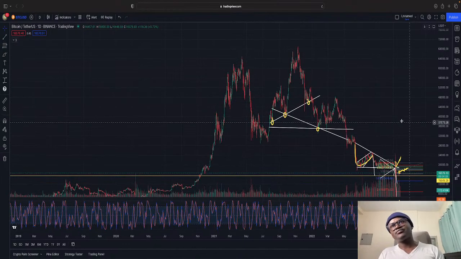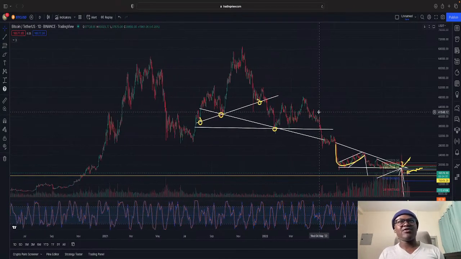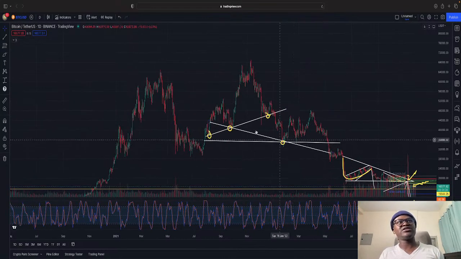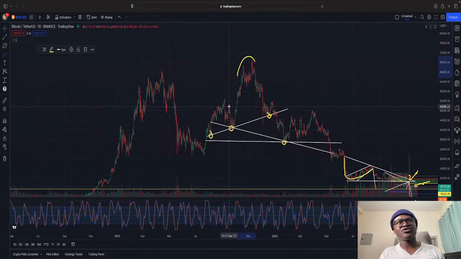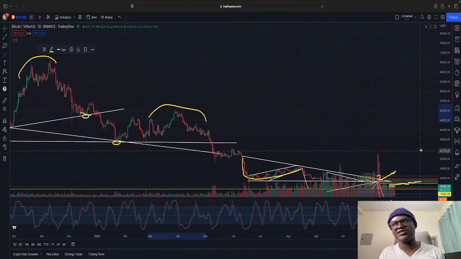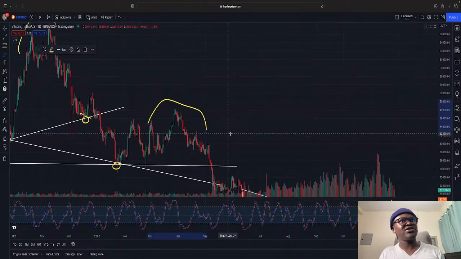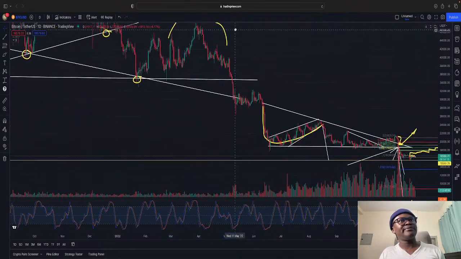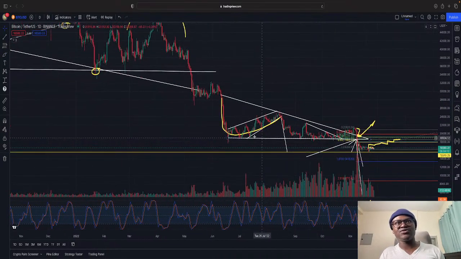All right, so that's how head and shoulders work. They reverse trends. You would have the head here, shoulder, next shoulder. This here will be the neckline. If you have price close below your neckline, remember that this is also the neckline of the support.